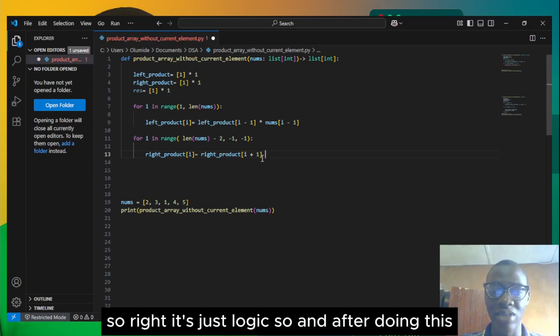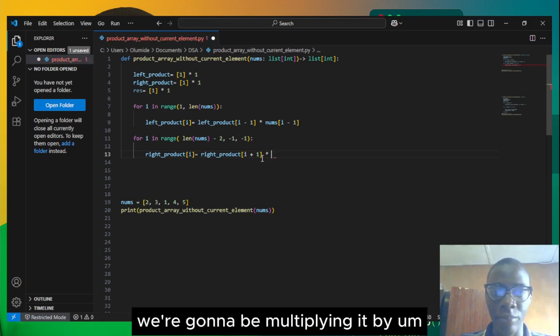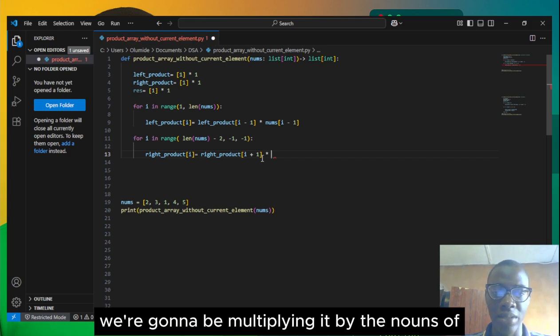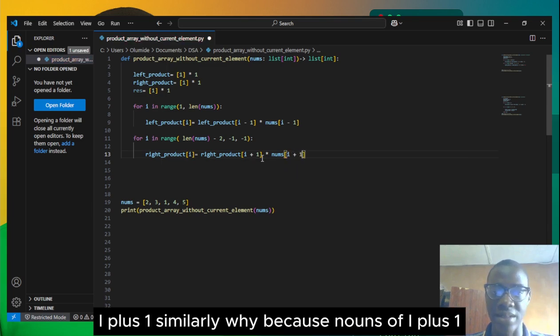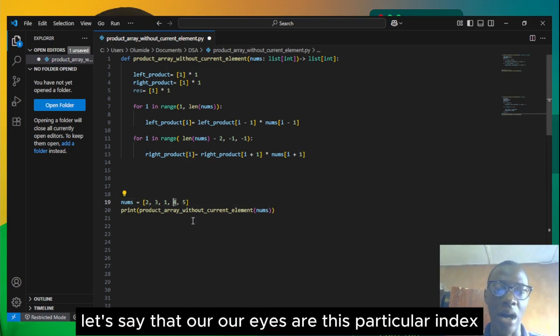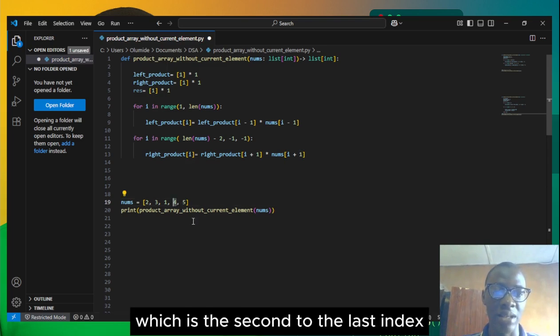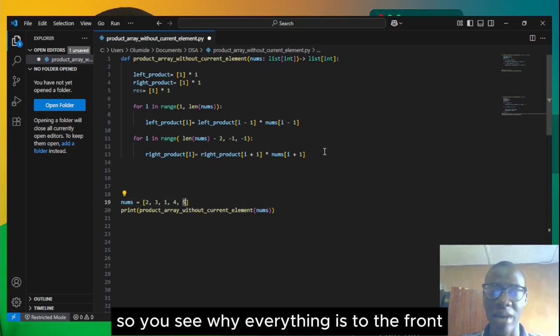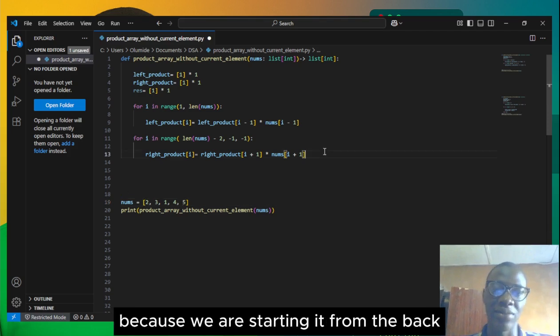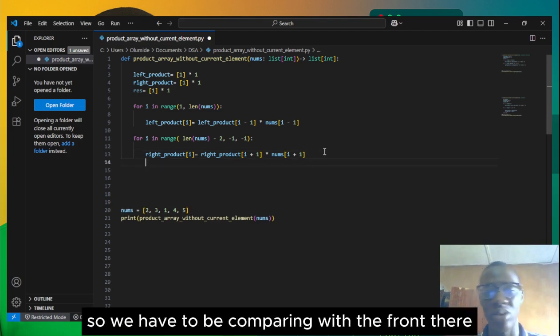After doing this, we multiply it by nums of i plus 1. Why? Let's say our i is at the second to the last index, so nums of i plus 1 will be here. So you see why everything is to the front: because we are starting from the back, we have to compare with the front.